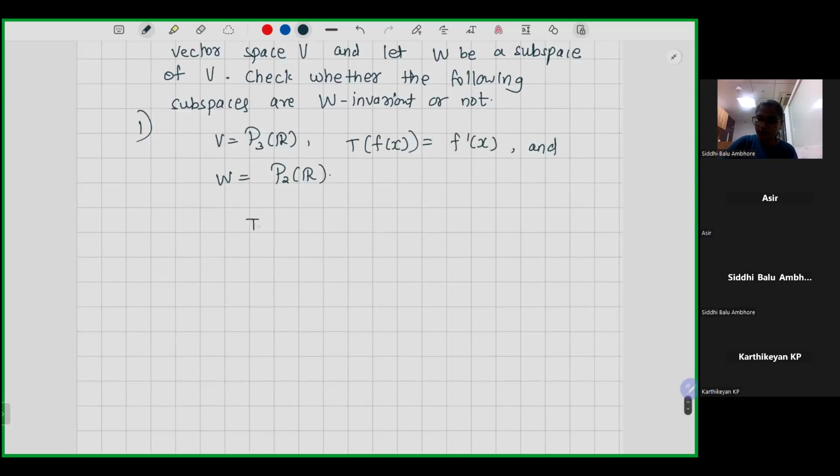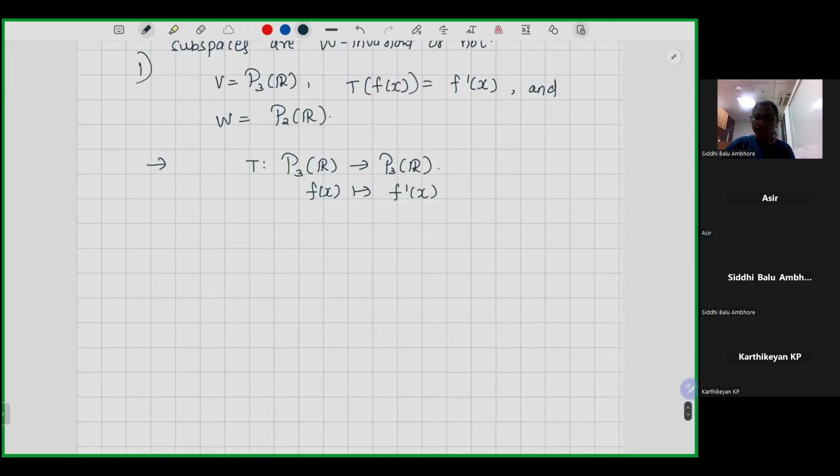So our T is from P3(R) to P3(R), with f of x going to f dash x. F dash x means the derivative of f, and we have to check whether this W, which is P2(R), that is all the polynomials of degree 2 or less, is an invariant subspace or not.